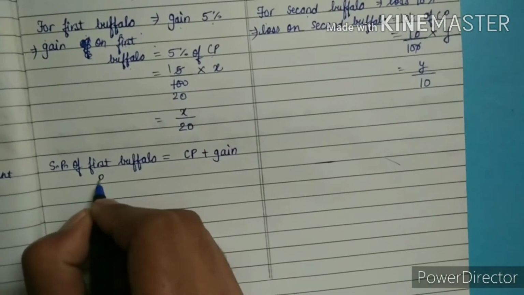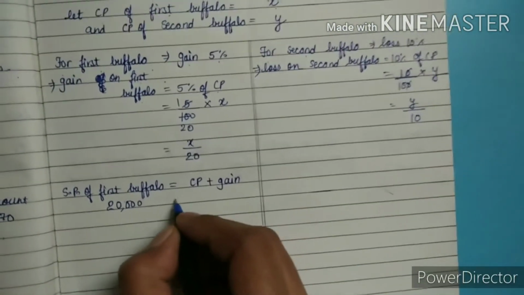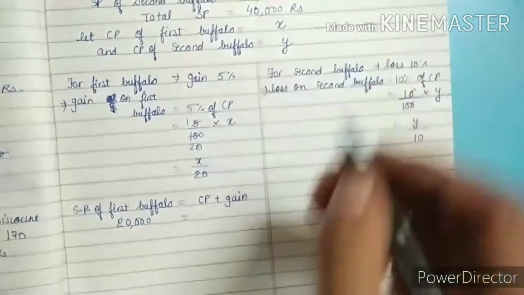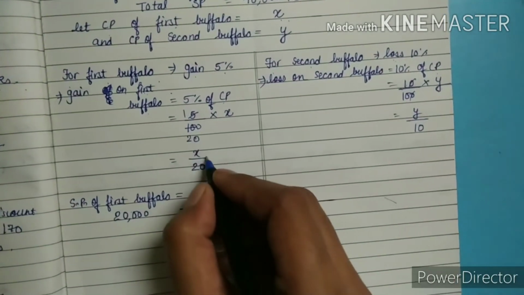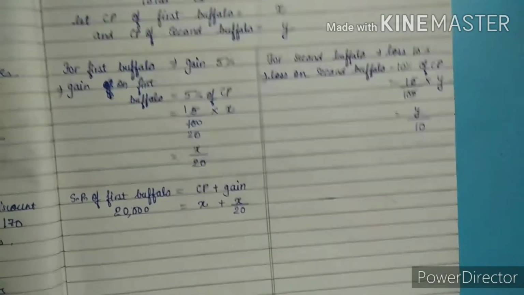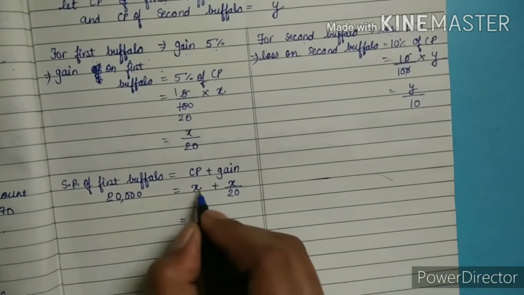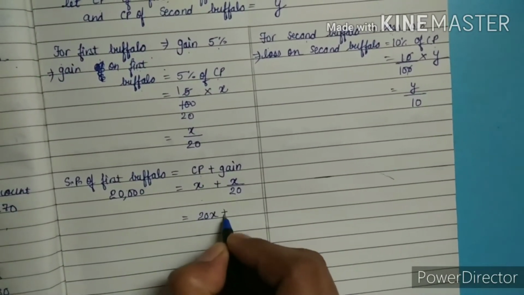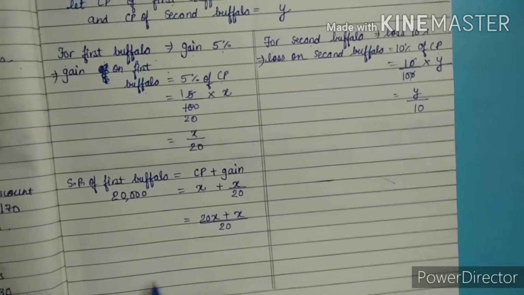So in place of selling price we put 20,000. The cost price of the first buffalo we supposed X, so X will come here, and gain as X by 20. So if here is 1, we have to do the cross multiplication. 20 into X is 20X, 1 into X is X, and divided by 20.